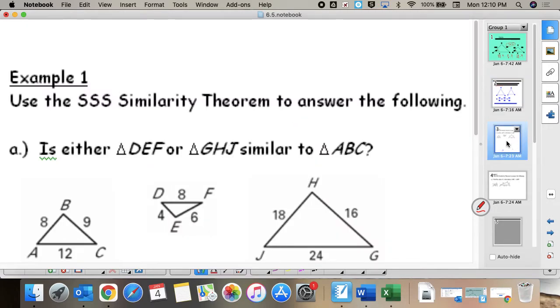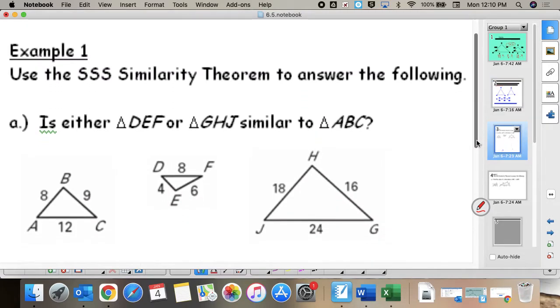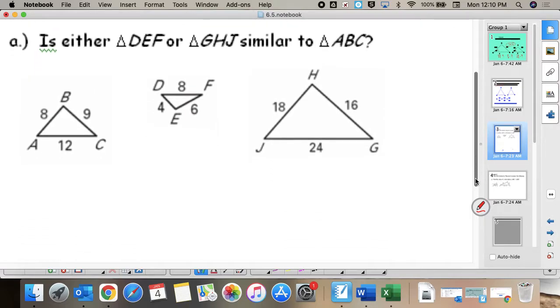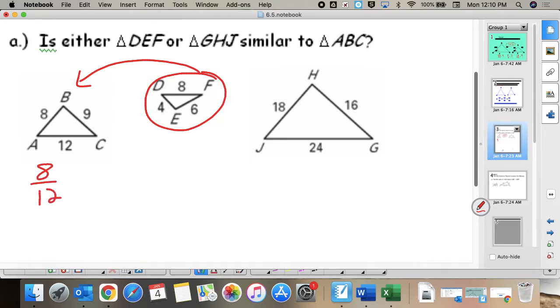So let's take a look at your first one here. It says, is either triangle DEF or GHJ similar to triangle ABC? So let's start with DEF, comparing it to ABC. So we're looking at big over big. That would be 8 over 12. 8 over 12 reduces to 2/3.